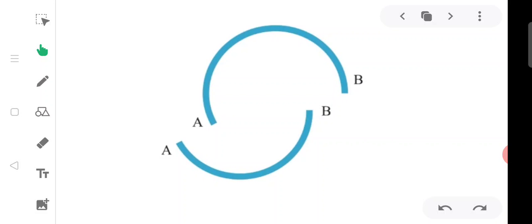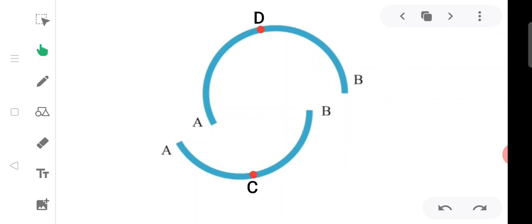So an additional point is taken on each arc. Here I take point C and here I take point D. This point is used to give each arc a 3-letter name.